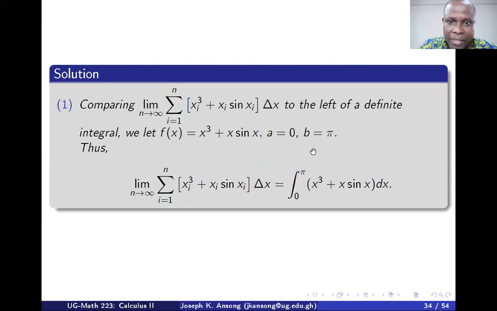So we can plug these into the definition of the definite integral, so that from here we have the integral from a to b, so 0 to pi, of our function f, x cubed plus x sine x dx. Okay, so this one is straightforward. The function can be gotten from here, and the a and b can be gotten from the interval that is given.